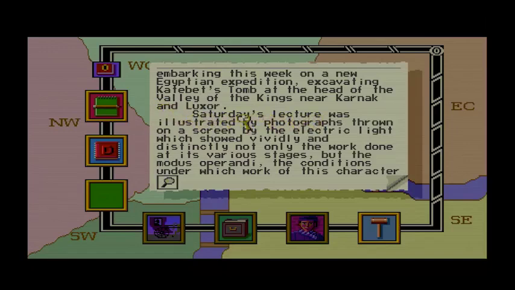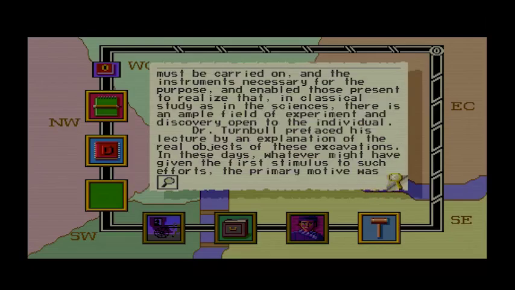Saturday's lecture was illustrated by photographs thrown on a screen by the electric light, which showed vividly and distinctly not only the work done at its various stages, but the modus operandi, the conditions under which work of this character must be carried on, and the instruments necessary for the purpose, and enabled those present to realize that in classical study, as in the sciences, there is an ample field of experiment and discovery open to the individual.